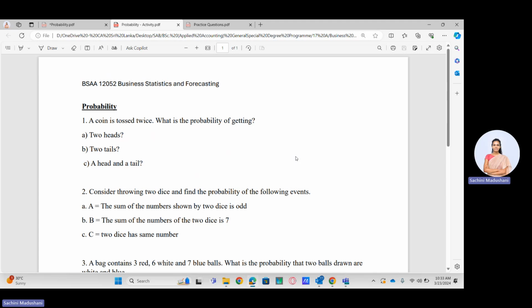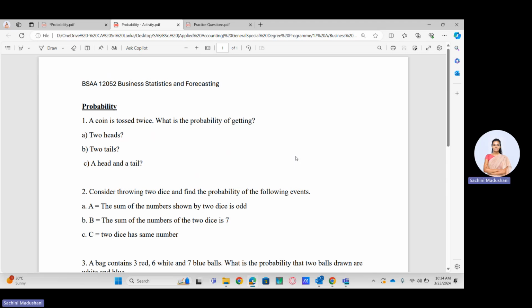Okay, then this is the first attempt. This one says a coin is tossed twice. Then there is a second attempt. At the second attempt, we can get head or tail. Then in the first attempt we can get head or tail.